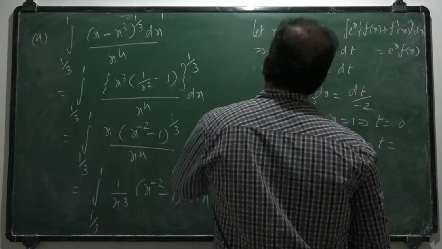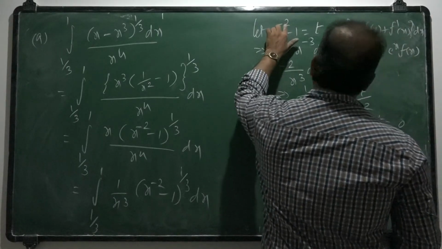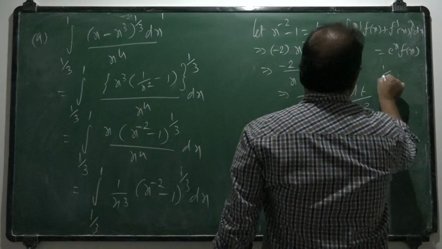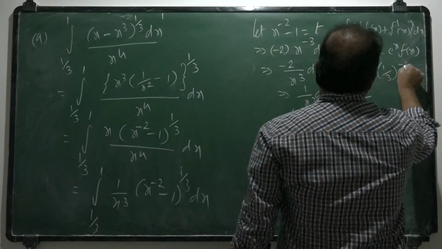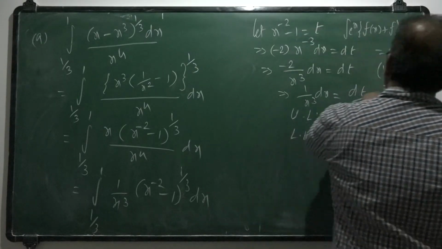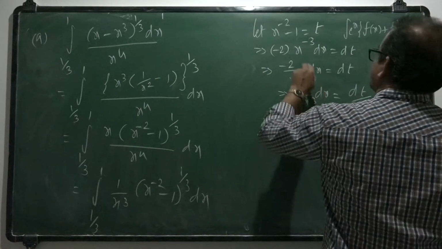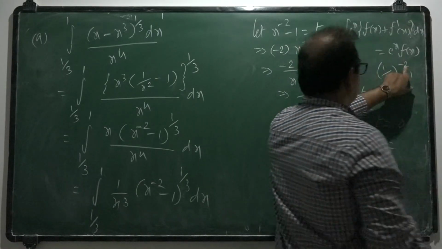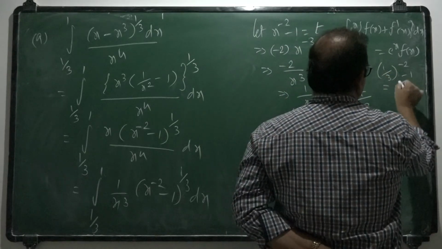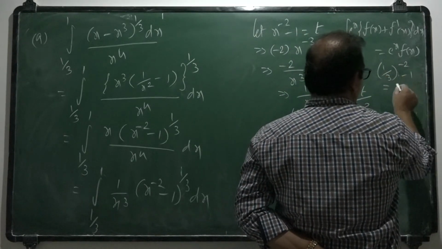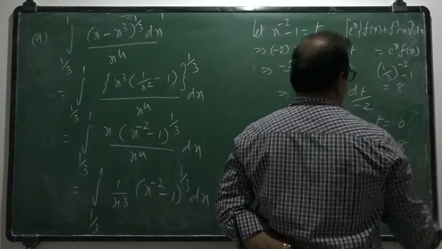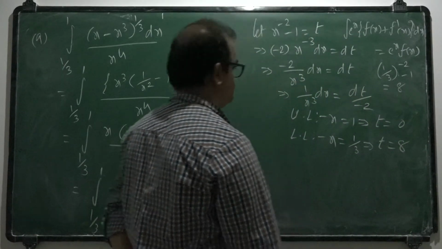T value is (1 by 3) whole power minus 2 minus 1. 1 by 3 is 3 power minus 1, 3 power minus 1 whole power minus 2. That is 3 square, multiply the powers, 3 square, 9. 9 minus 1, 8. So t is equal to 8.